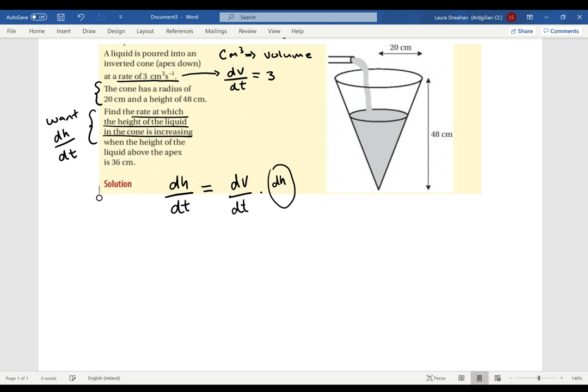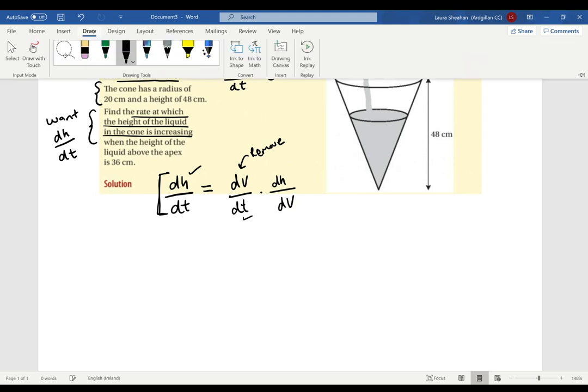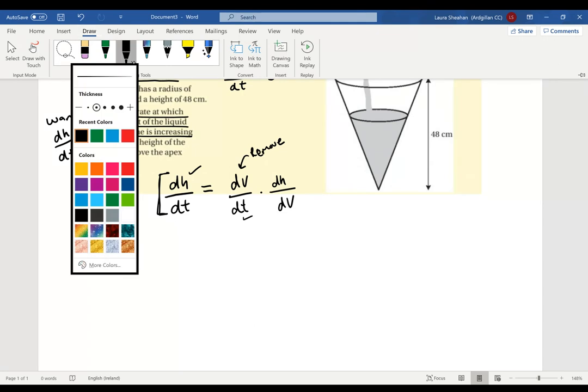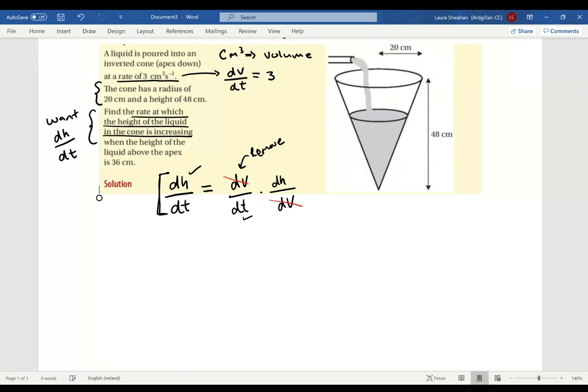I need dH on the top line and I need to leave my dt in it. I don't want the dV, so that's what I want to remove. I don't have a dV over here; I have my dH and my dt. So I'm going to remove it by going like this, so my dVs will cancel out, and that will allow me to get dH/dt.